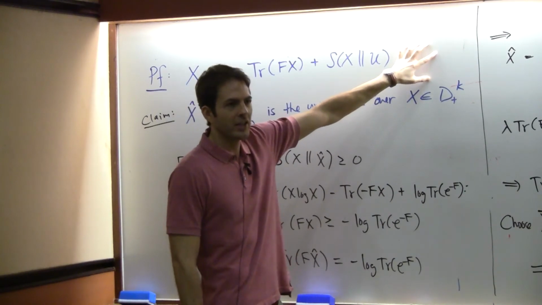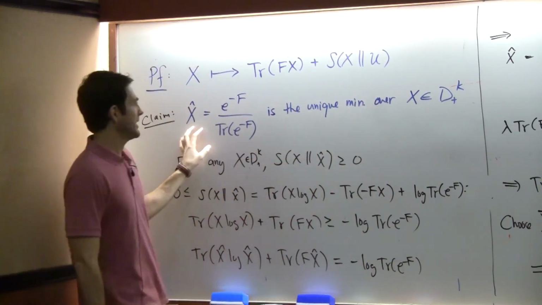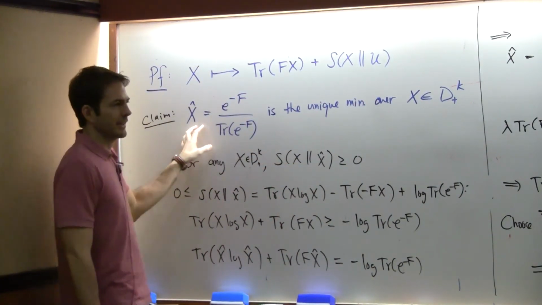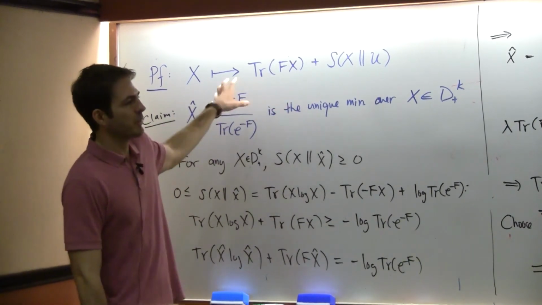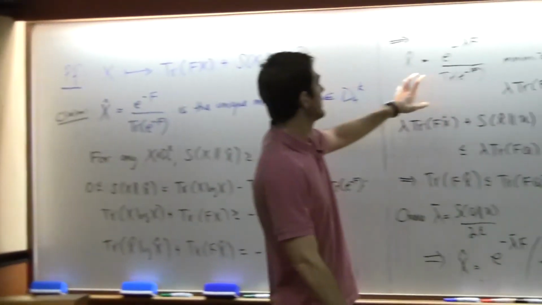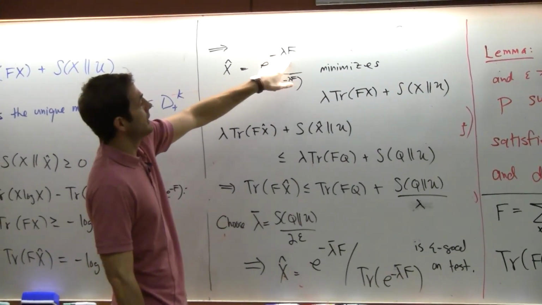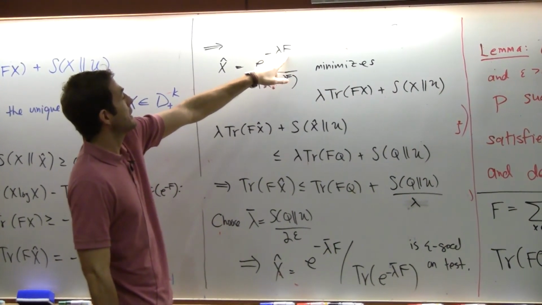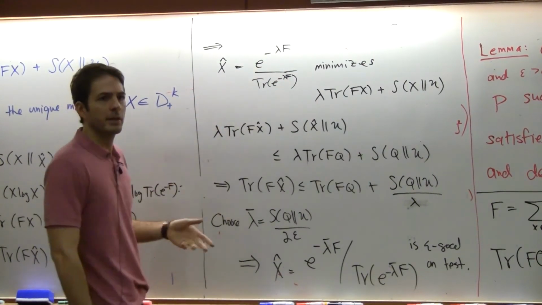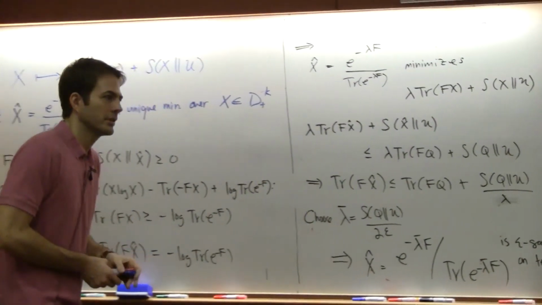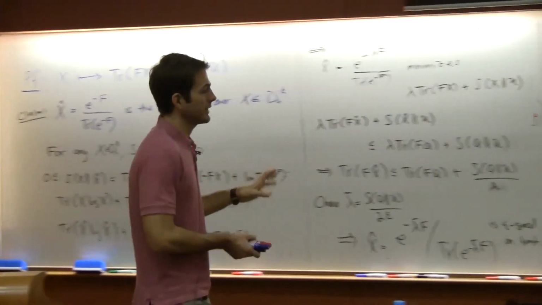Then it becomes unconstrained, set the gradient equal to 0, and you just see that the optimizer is of this form. So that's all we did. This optimization problem was the key. The solution to it is exponential in the test. And now, if we have a bound on the maximum eigenvalue of the test, we can approximate this by a low-degree polynomial. So that finishes.